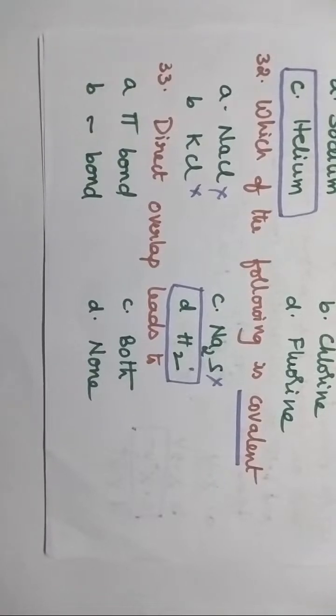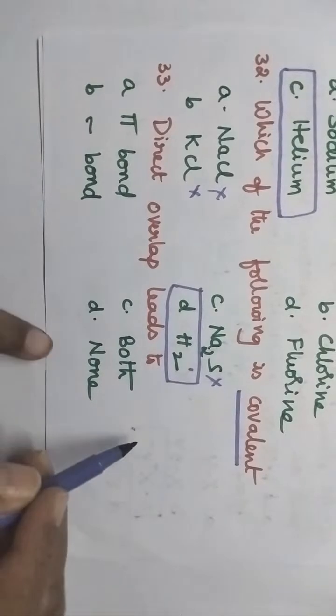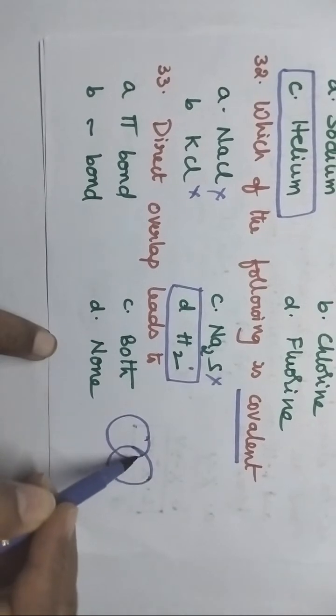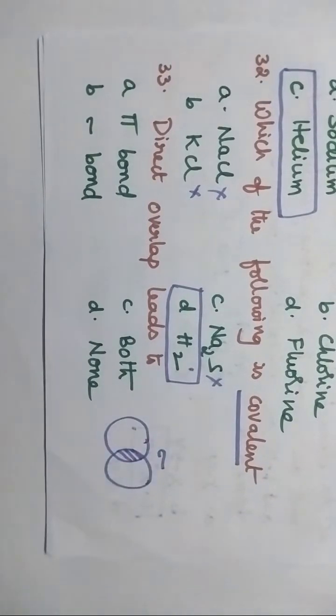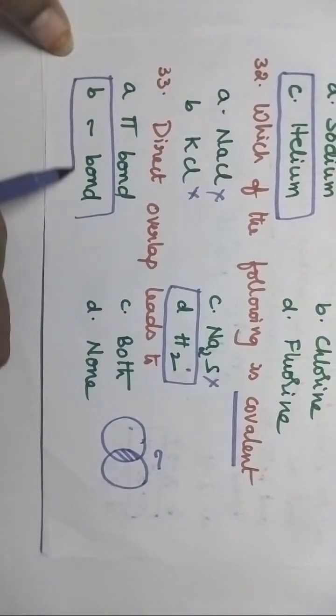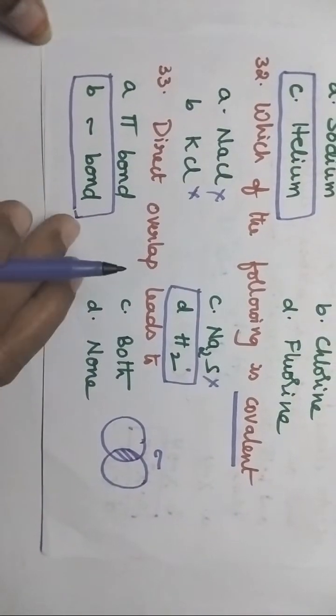Very good, Banu. So always direct overlap will lead to the formation of sigma bond. Very good, Tilak. Option B is the right answer. Clear?